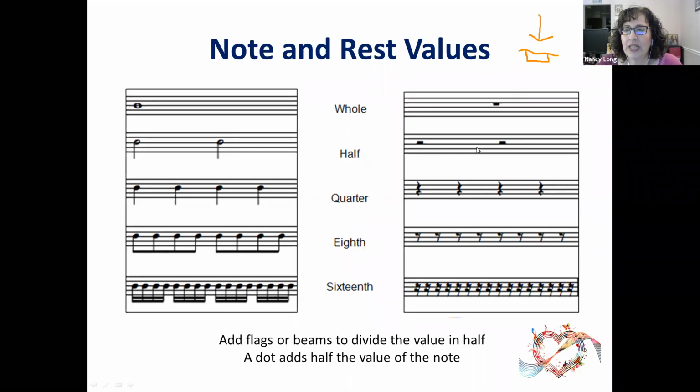The half rest sort of looks like a top hat if you cut off the lines right here and it's standing up. Yep, Marina is making a picture of a little top hat. So if you think half and hat, it will help you to remember that the half rest sits on top of the line and the whole rest hangs down below the line.